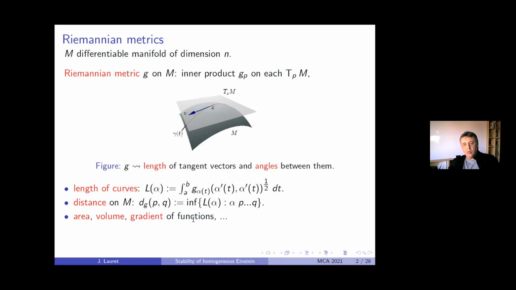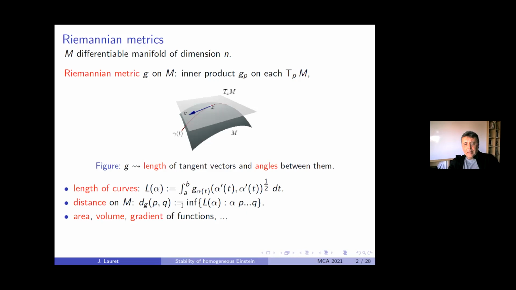You can now talk about the gradient of functions. All things that you do in Rn, in the Euclidean space, without noticing that you are using this inner product on each tangent space that you have naturally on Rn.